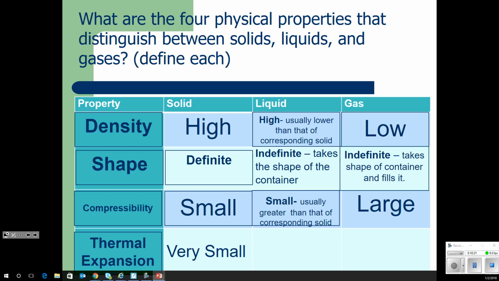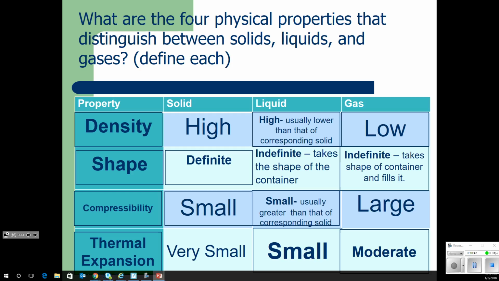Thermal expansion, that's how does it react with heat? Does it expand? Does it compress? So a solid doesn't move very much. It might move a little bit, but not very much. Okay, a liquid is also small, but not as small as a solid. So it will expand a little bit more or compress a little bit more. And a gas will speed up really fast and fill more space, or if we cool it down, it will take a lot less space.